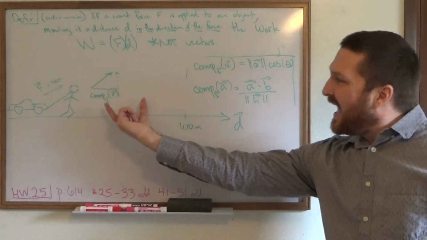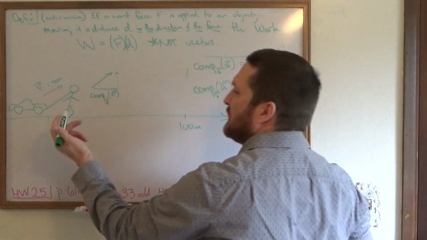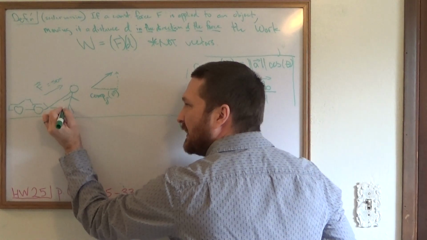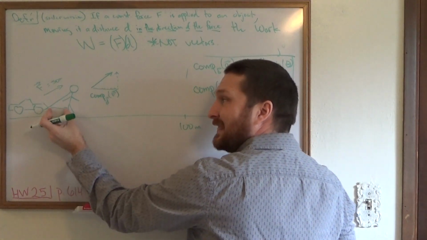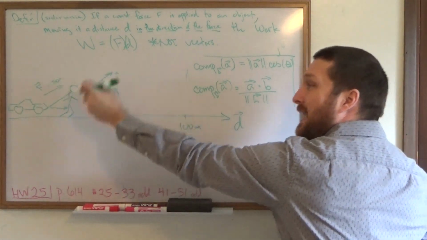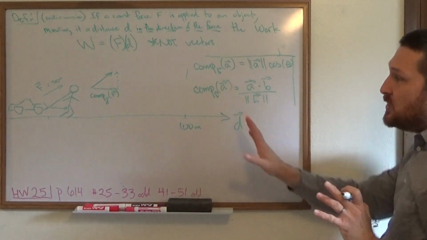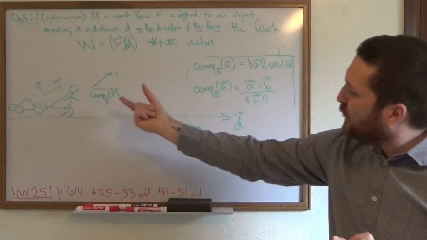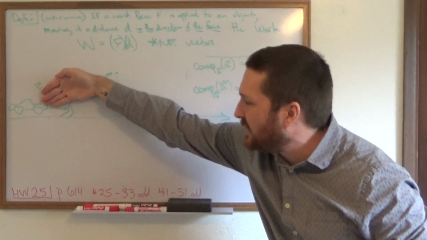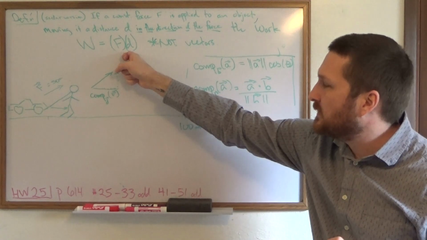Now that we've taken that vector and split it into its different components, you could split it into the other component, but we're going to do it in this direction. Whatever length that is, that's the magnitude you're looking for. That's the magnitude of the force that is in that direction. So if you find that component, we could pretend that you're not actually pulling in that direction, that you're actually pulling in this direction, and then this applies.